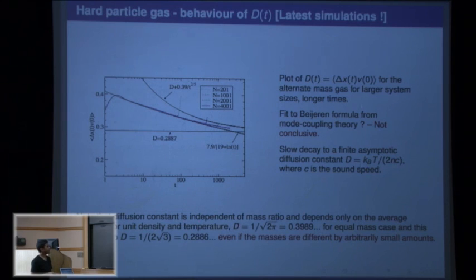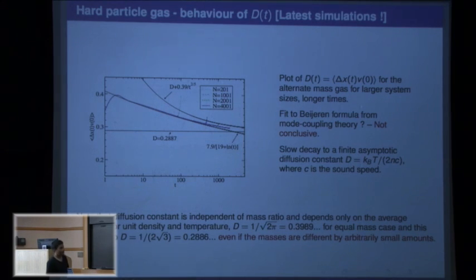So the equal mass case, if you take slightly different masses, is completely different for the diffusion constant. The equal mass case would be somewhere here, and once you make the masses unequal, it goes down significantly.